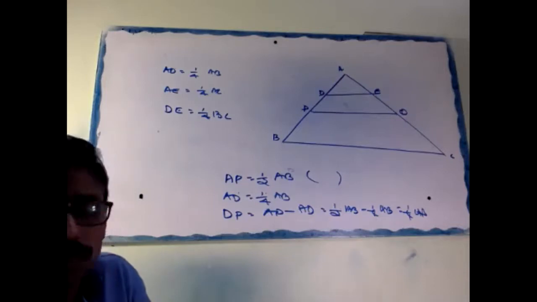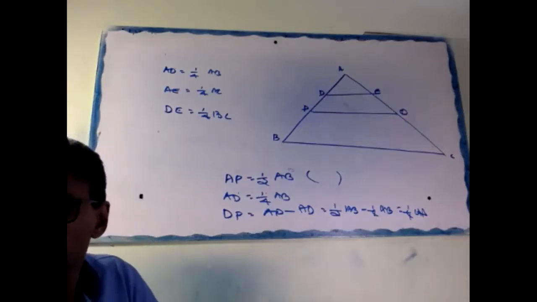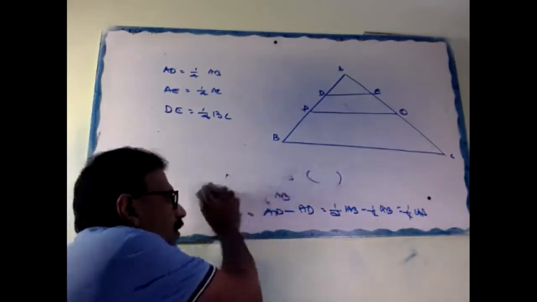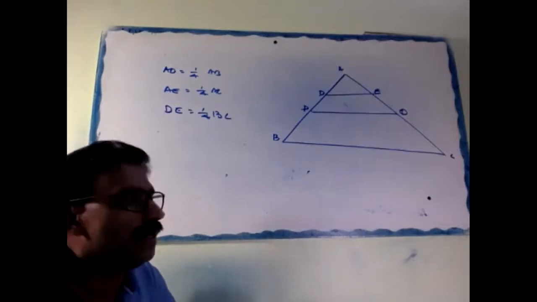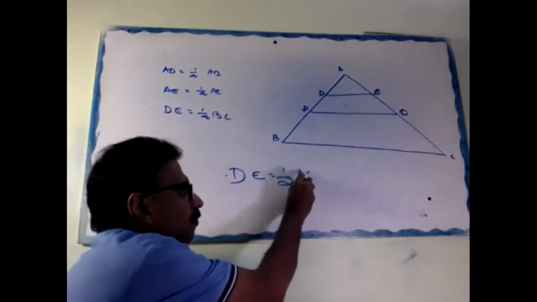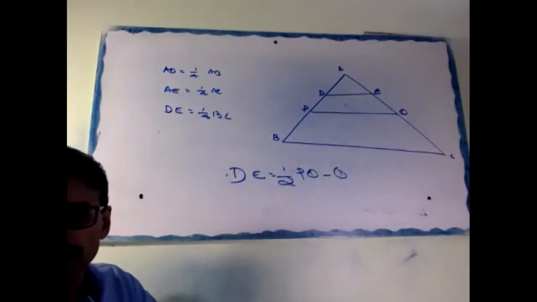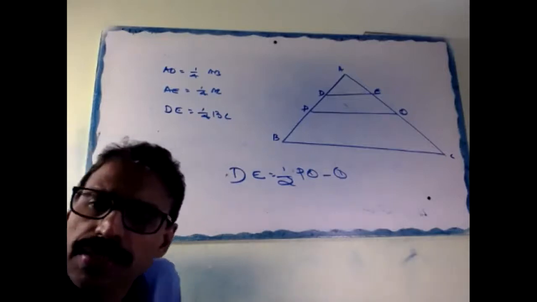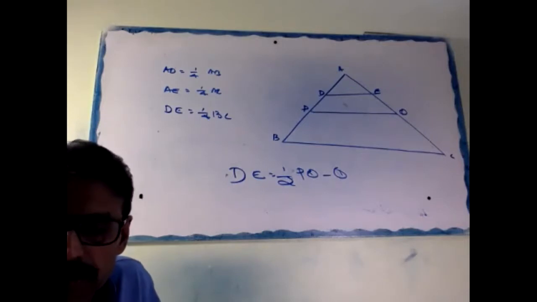Then by the midpoint theorem, DE equal to half of PQ. Call it number 1. After that, in triangle ABC, P and Q are the midpoints.